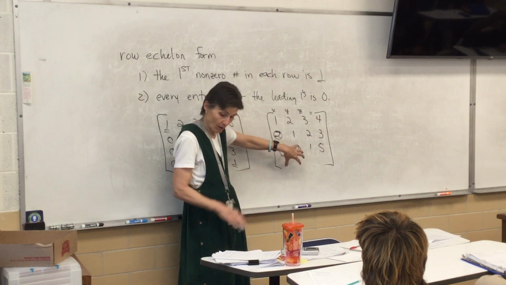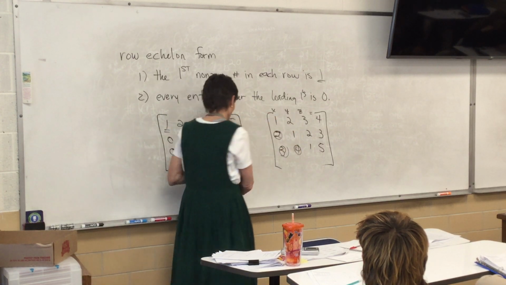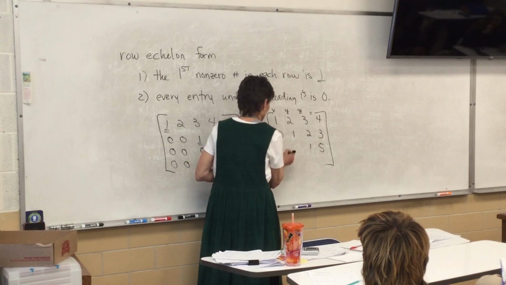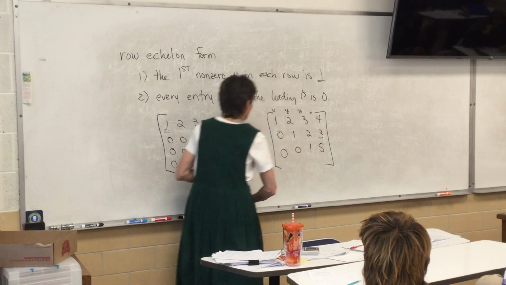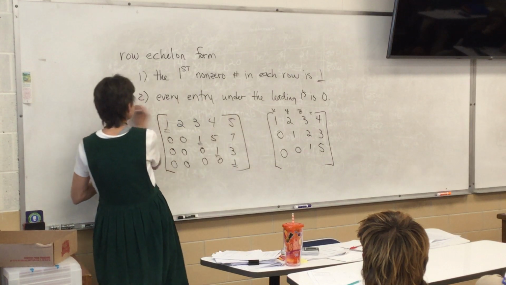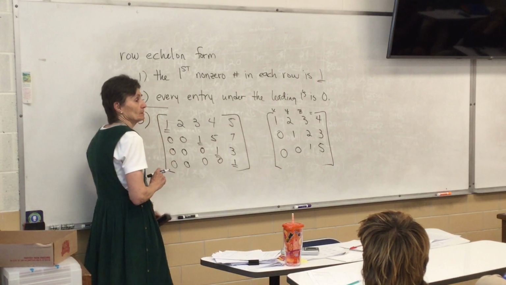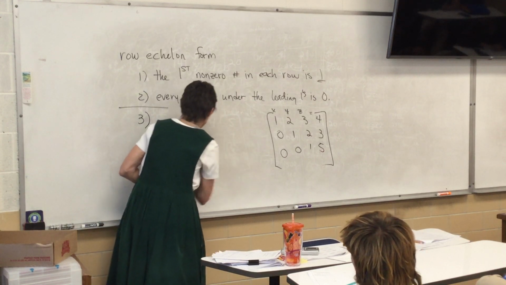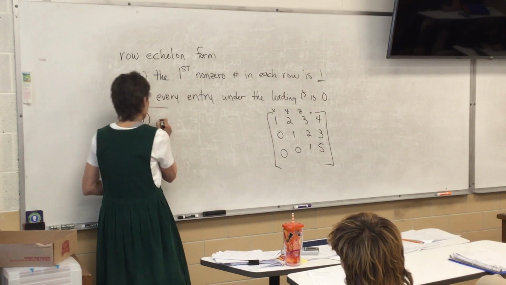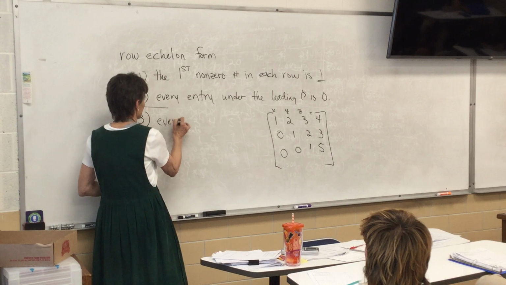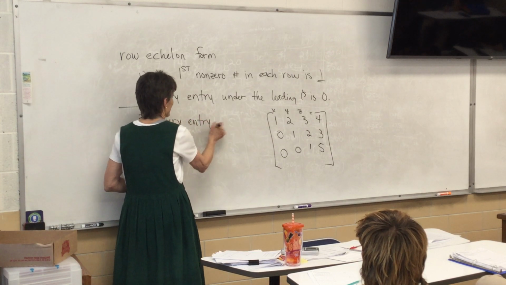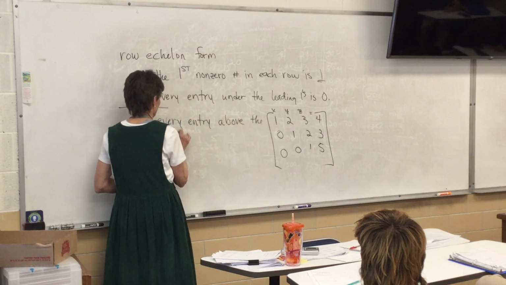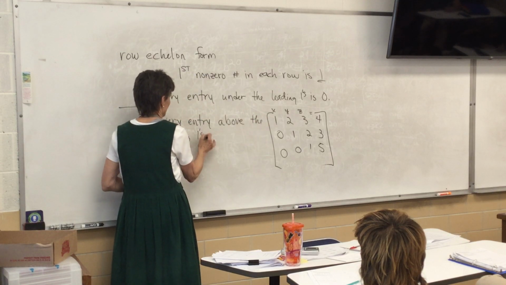Now, reduced row echelon form takes it a step further. Reduced row echelon form adds a third criteria, and the third criteria is that every entry above the leading ones is 0.